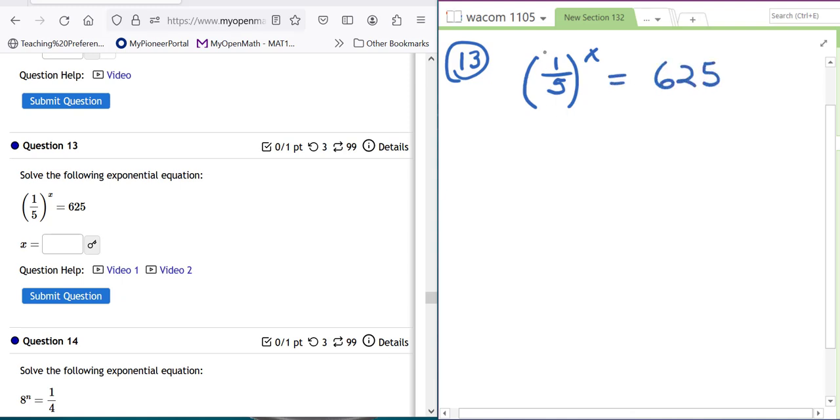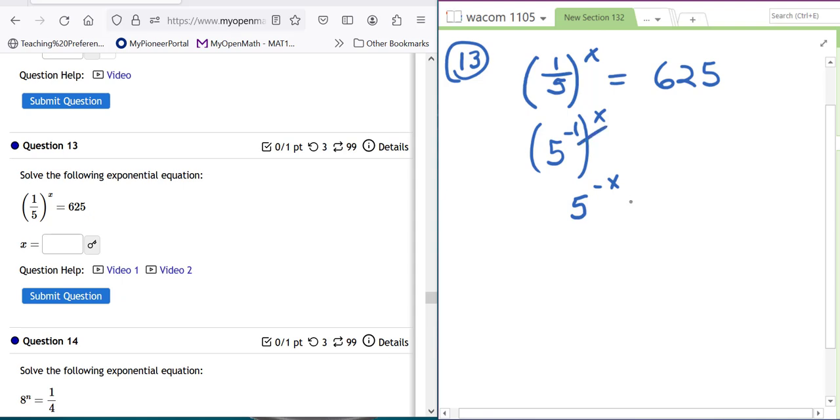Instead of this fraction, because I don't like that, that's hard, I would rewrite this as 5 to the negative 1, and then that's to the x. So this will be 5 to the negative x, because those would multiply.